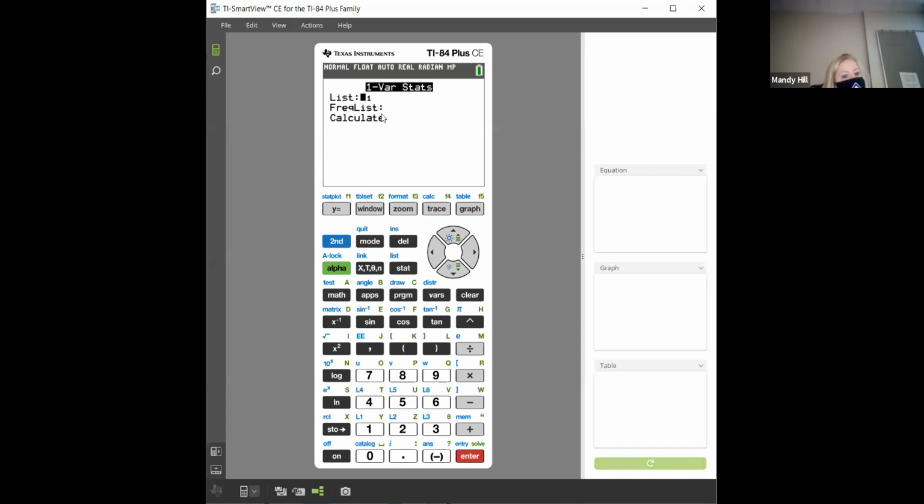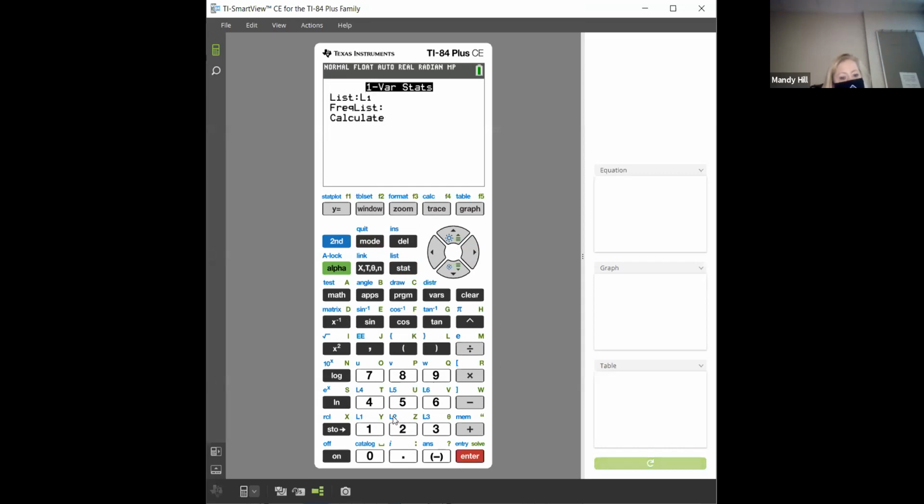But this time we do not want this to say list 1. We want it to say list 2. If you look at the number 2 at the bottom of your calculator, there's an L2 above that. Mine's in blue.